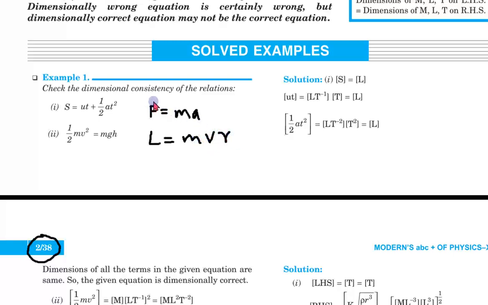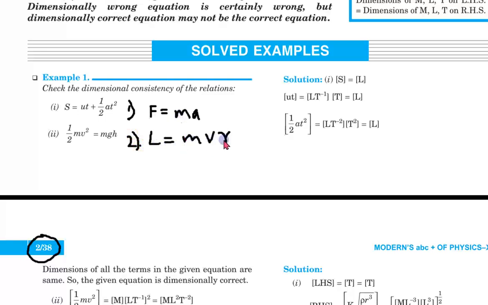F is force. M is mass. A is acceleration due to gravity. That's for number 1. For number 2, L is angular momentum. M is mass. V is velocity.